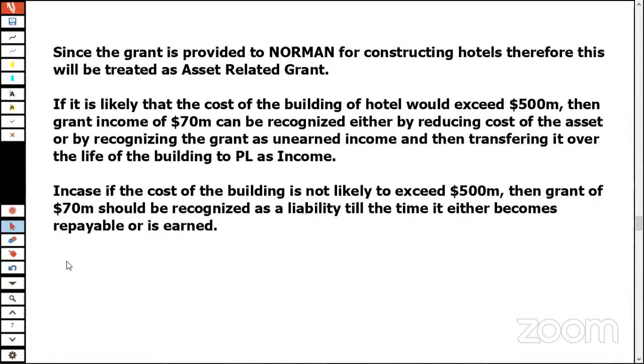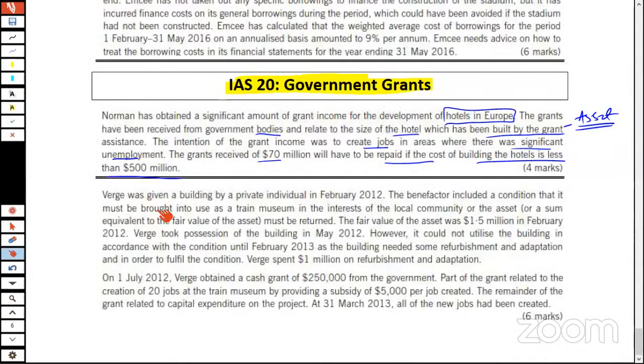Okay, now let's move a bit forward. Let's try to attempt this requirement. It says Verge was given a building by a private individual in February 12th.